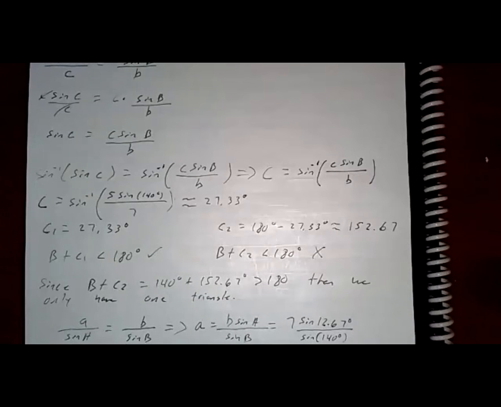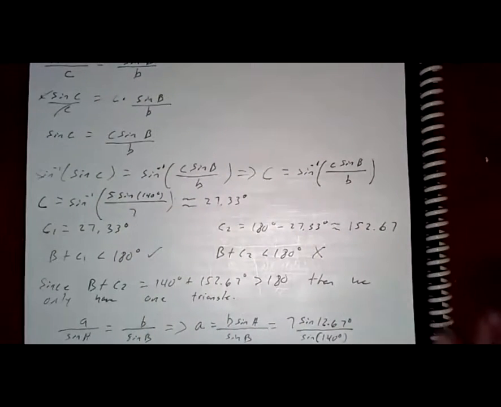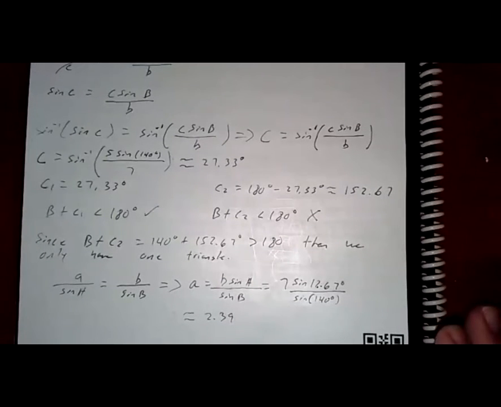So it's about 2.39. And we're done. We found all the sides, so there's only one triangle. That's it.